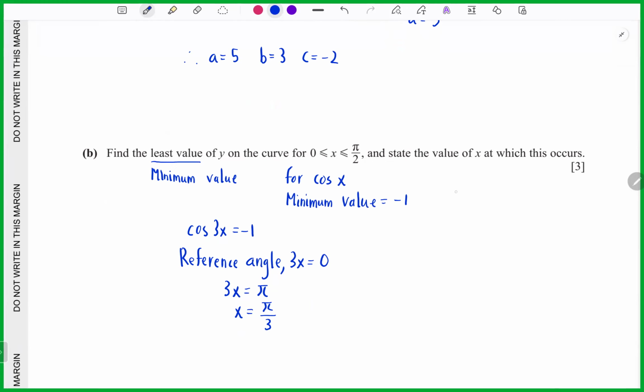Look here, this is your cos graph, right? This is your minimum value, actually at pi, so you take pi divided by 3.